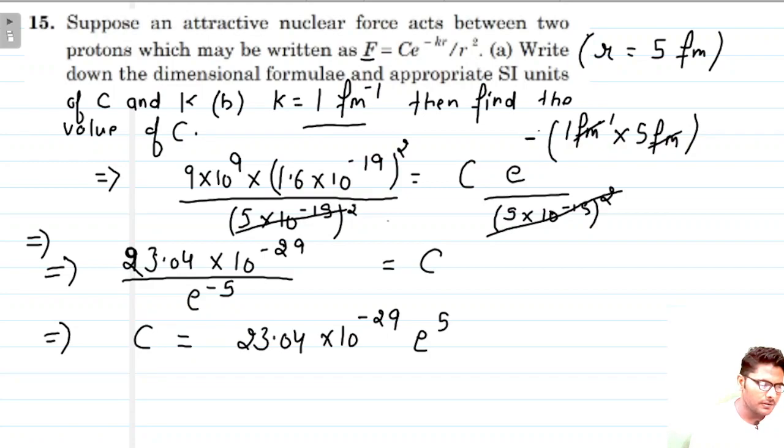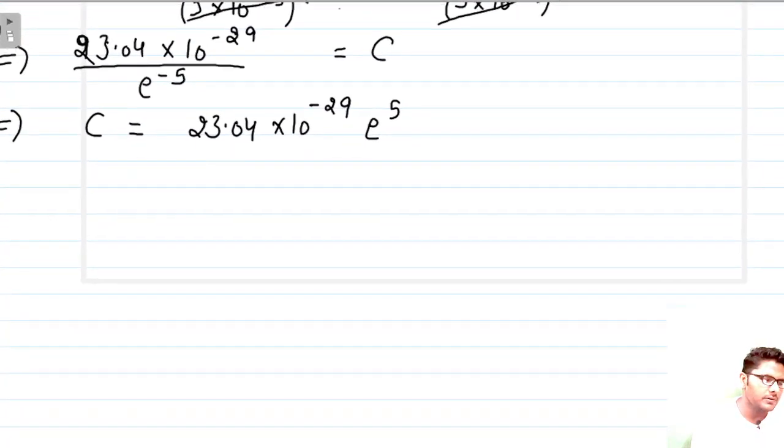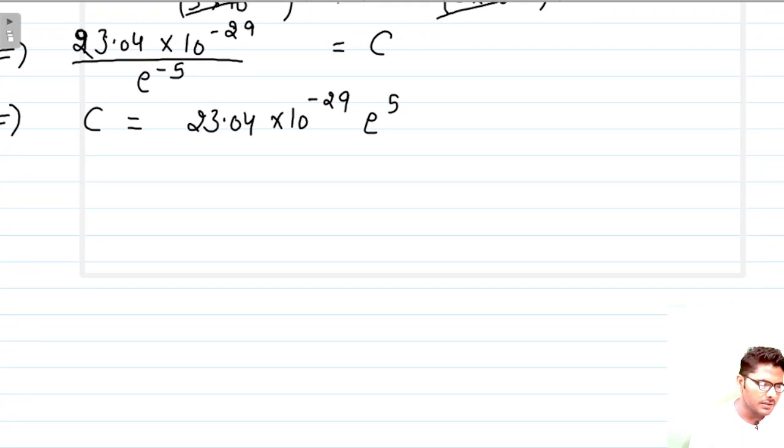When you solve this, you can check the value of e to the power from the exponential table, or you may go to the internet and Google the value of e to the power 5. This will be 148.41.